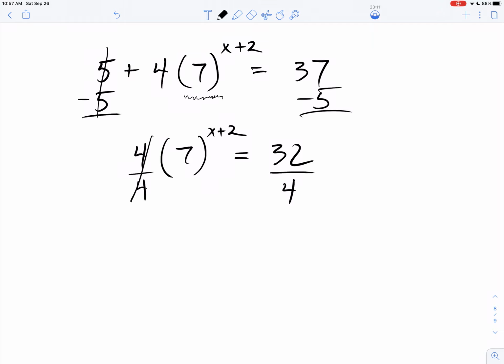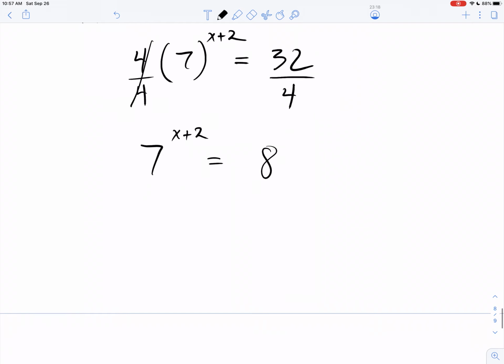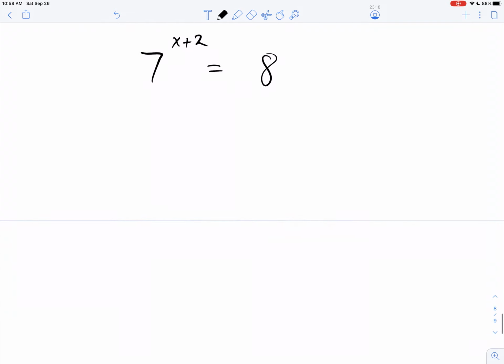And then I have 7 to the power of x plus 2 equals 8. So right there, I say this is not going to have matching bases. So I am going to take log base 7 to both sides because I personally think this method makes it look a little bit slicker.